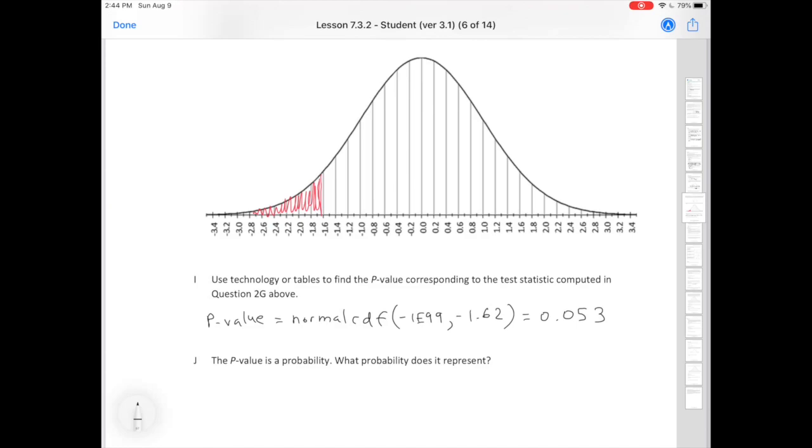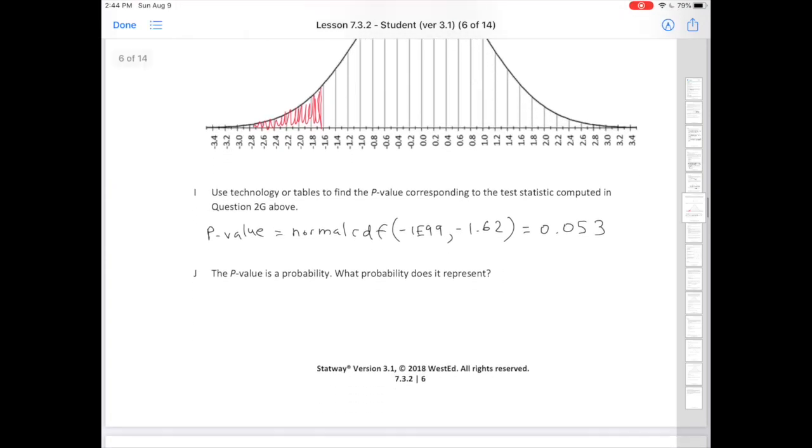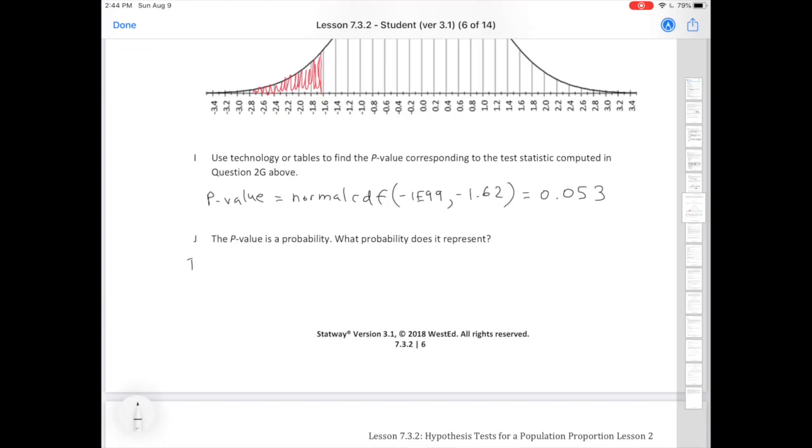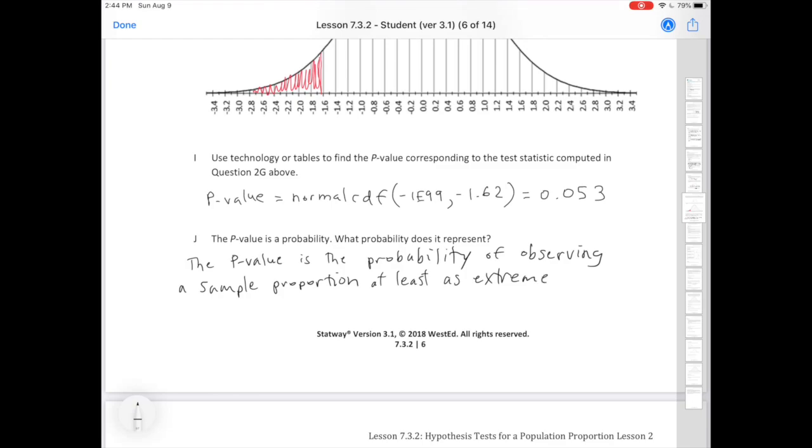The p-value is a probability. So what probability does it represent? The p-value is the probability of observing a sample proportion at least as extreme as observed, assuming the null hypothesis is true.